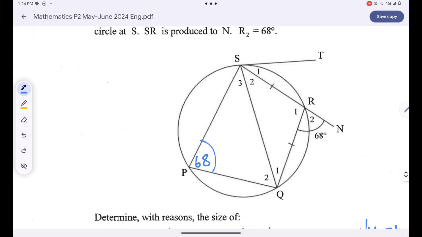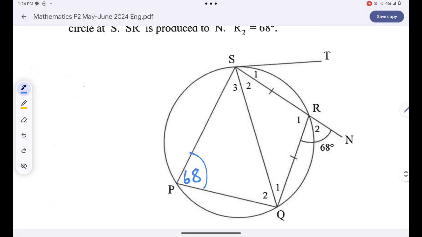It was given to us that RQ is equal to RS. I can therefore conclude that angle S2 is equal to angle Q1. Why?